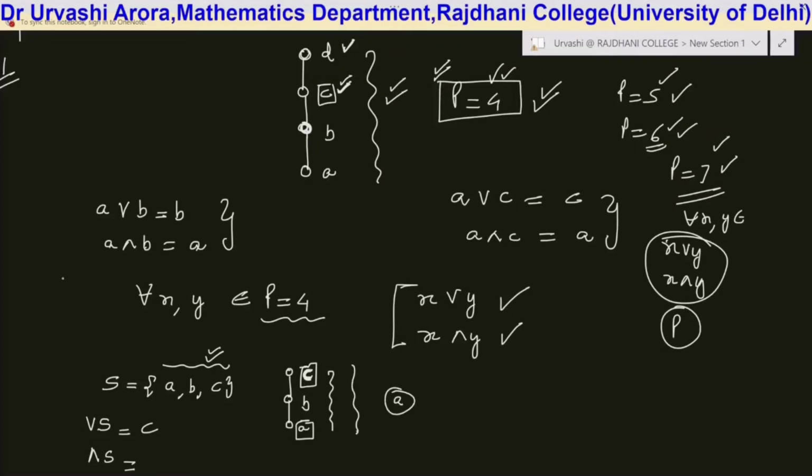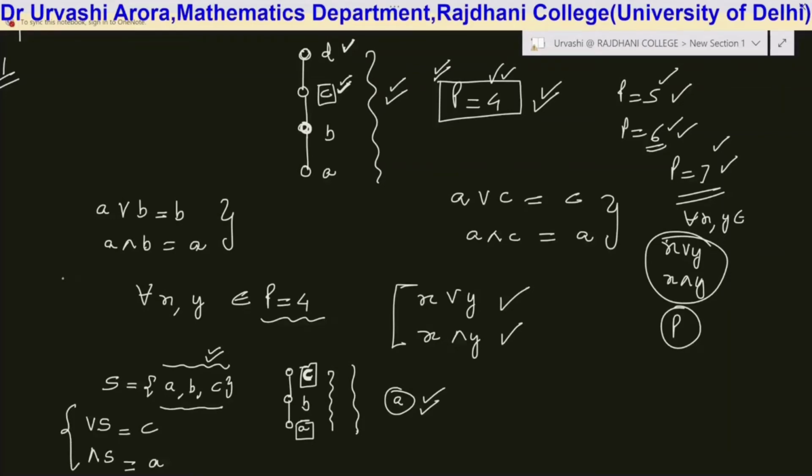So A is a lower bound of S, and also A is the only lower bound of S. There is no other element behaving like A, because there is no other element at a lower level than A. So A becomes the greatest lower bound, or the infimum of S, or the meet of S.